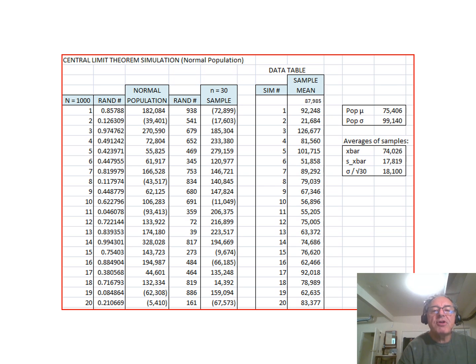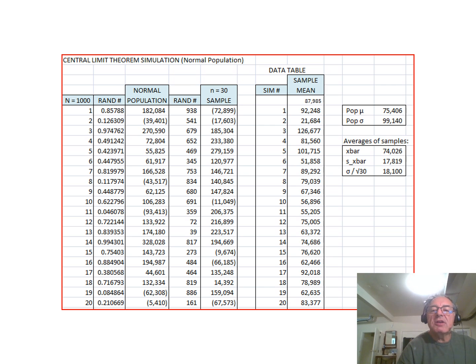I want a sample of 30. I don't show all the numbers here. So here I'm actually sampling from this normal distribution. So for example, when I choose random number 72, I'm sampling from the 72nd member of this normal distribution.